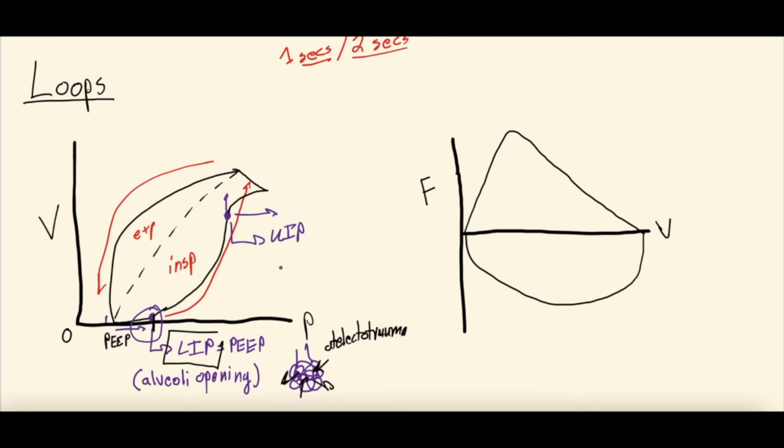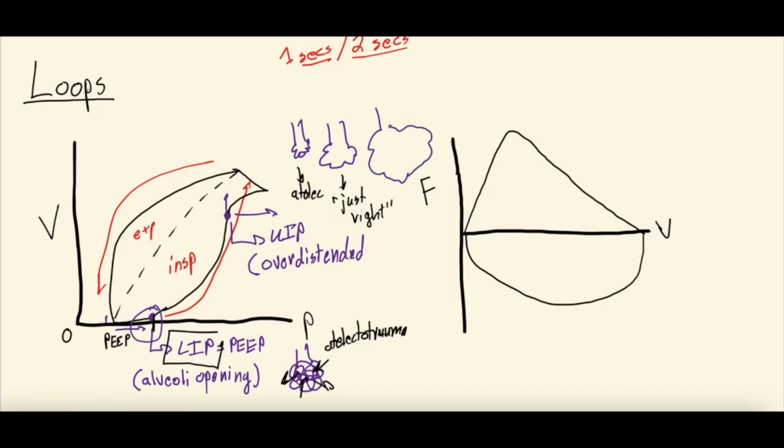And this is when the alveoli start to get over distended, meaning they are too open. Alveoli are a bunch of grapes. You can get alveoli that are under distended, and that can cause atelectatrauma, as we talked about. You can get alveoli that are just right, or you can get alveoli that are over distended, right?